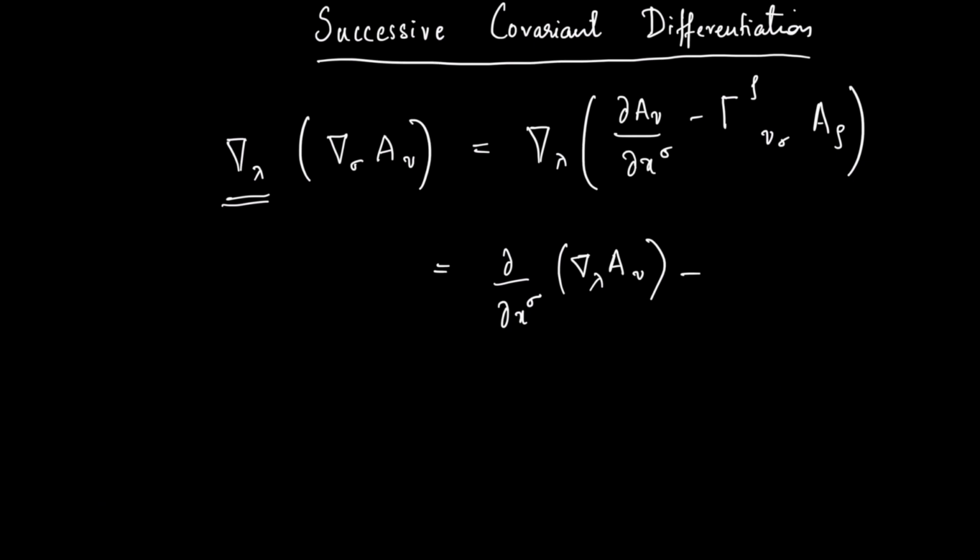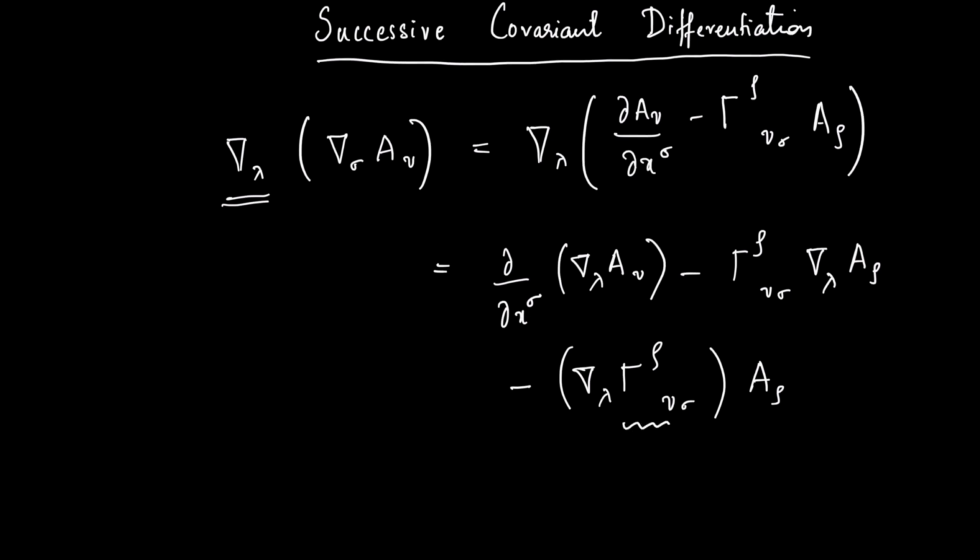The second term actually has a multiplication, so first I will write the Christoffel symbol as it is, then apply the covariant differentiation to A rho. Then I will apply the covariant differentiation to the Christoffel symbol and keep A rho as it is. But we know that the Christoffel symbol contains g mu nu, and the covariant derivative of the metric tensor is 0. Therefore, this entire term will go to 0.